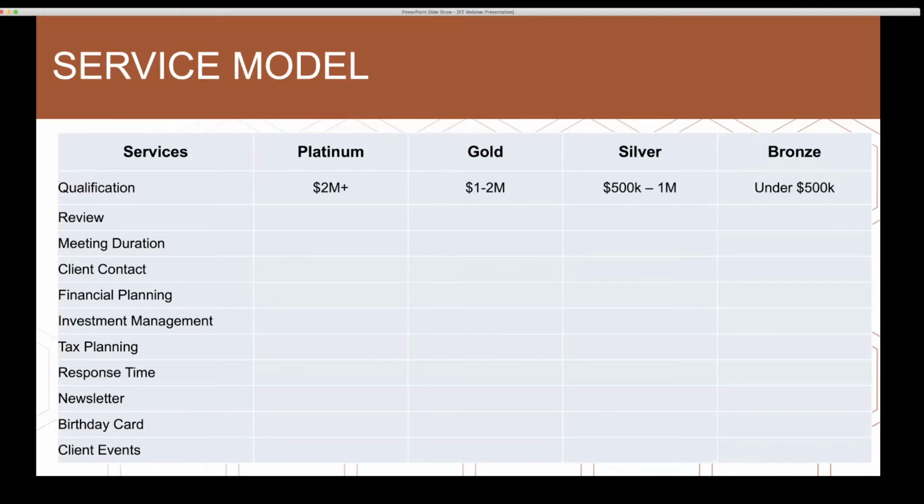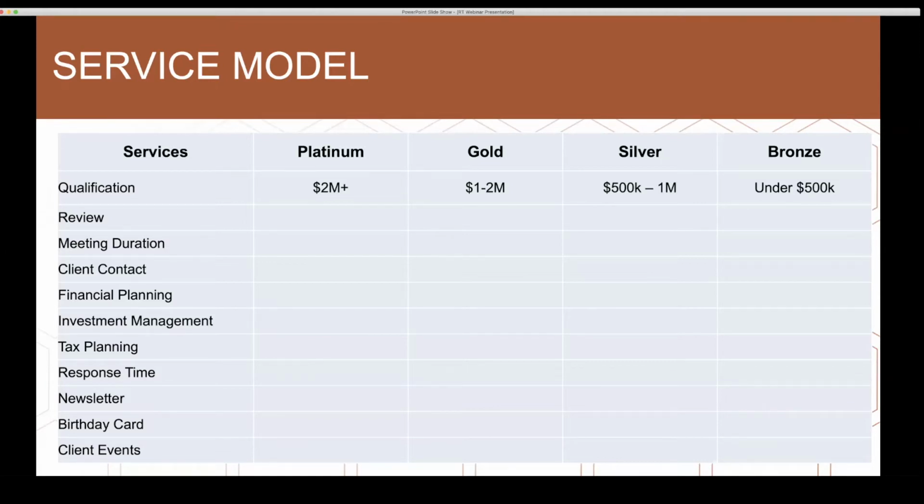Now that you've identified what makes somebody platinum, gold, silver, and bronze, we can run reports in Redtail with the portfolio value associated with these different contacts, and easily, as a bulk action, assign a category to these different contacts. So this really needs to be done as part of, not only the service model, but for the Redtail cleanup. We'll address that in a couple of minutes.